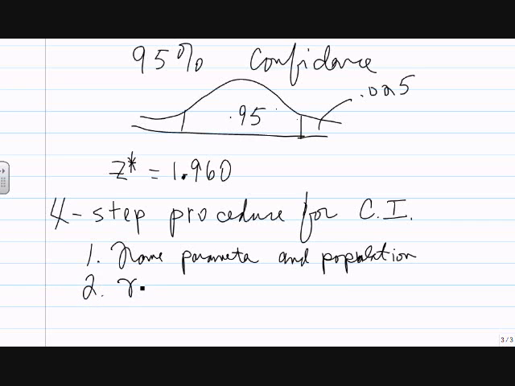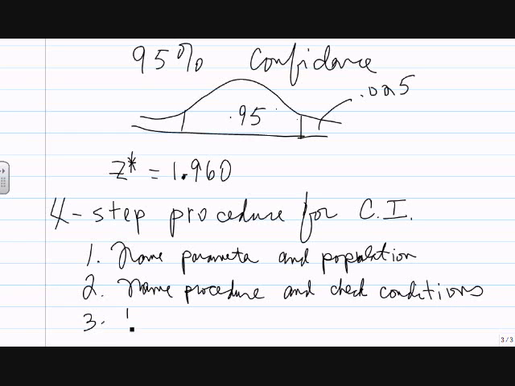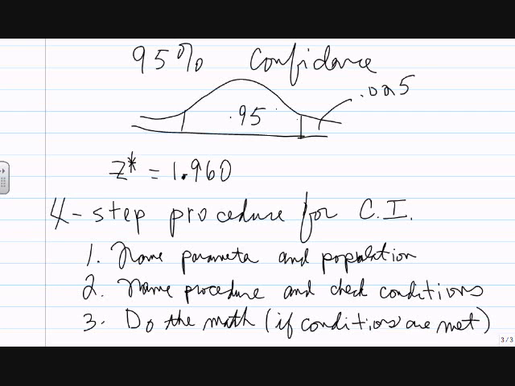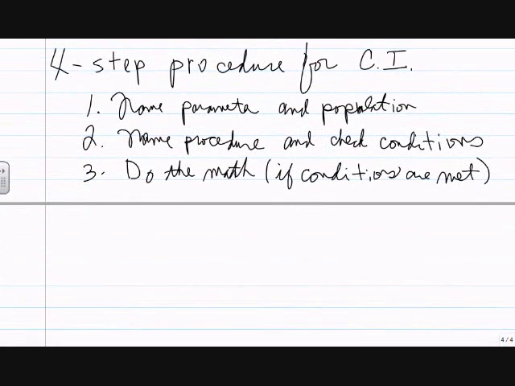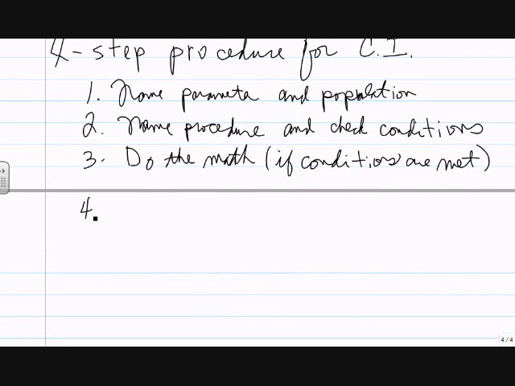Step 2 is to name the procedure and check conditions. Step 3 is to do the math, and you only get to do the math if the conditions are met. And step 4 is to interpret your results in context.